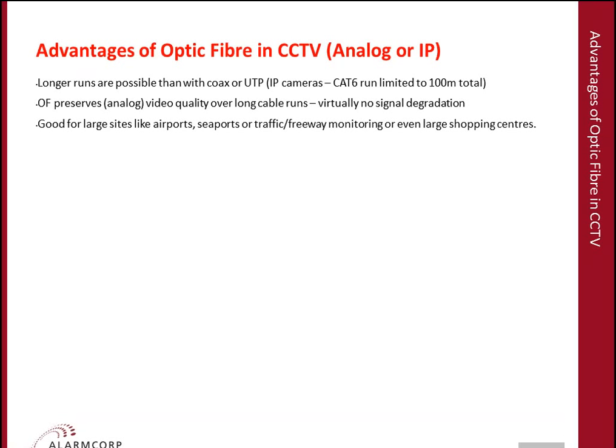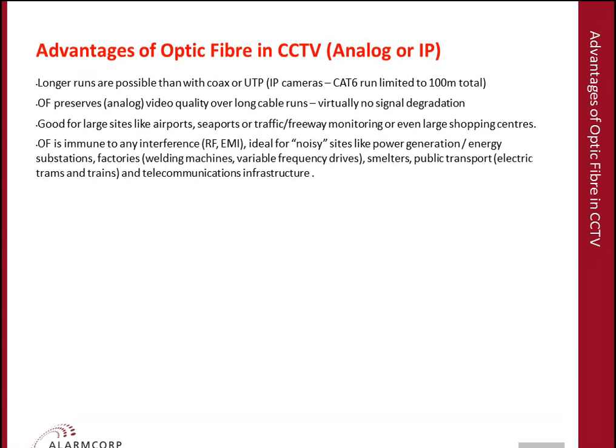So optic fibers are very good for large sites such as airports, seaports, or traffic/freeway monitoring, or even large shopping centers. If you had to run all the cameras in, say, a shopping center like Chadstone or Southland, there is no way you could do it with copper because of the sheer size of the buildings involved and the length of runs.